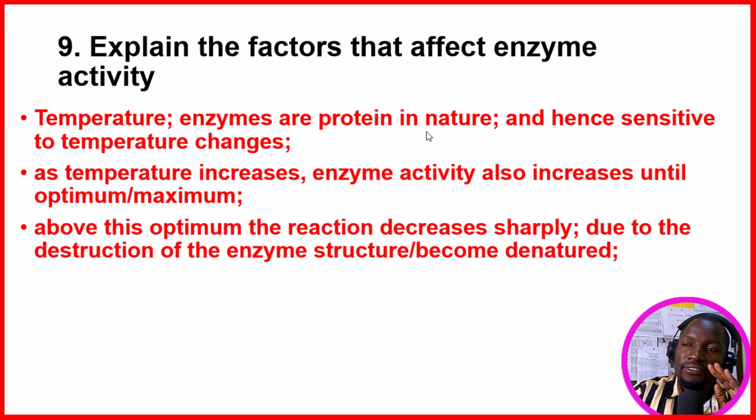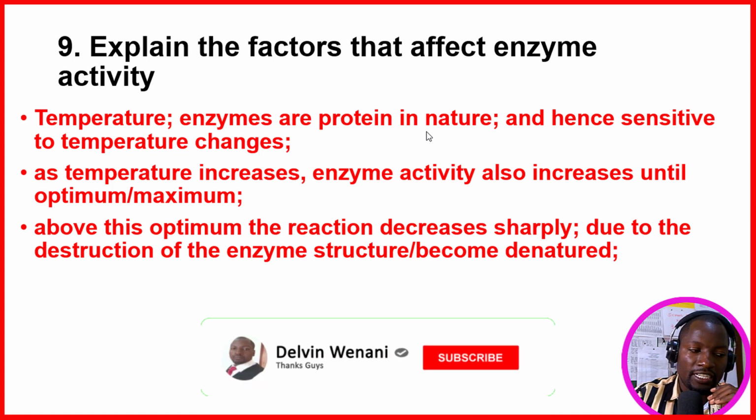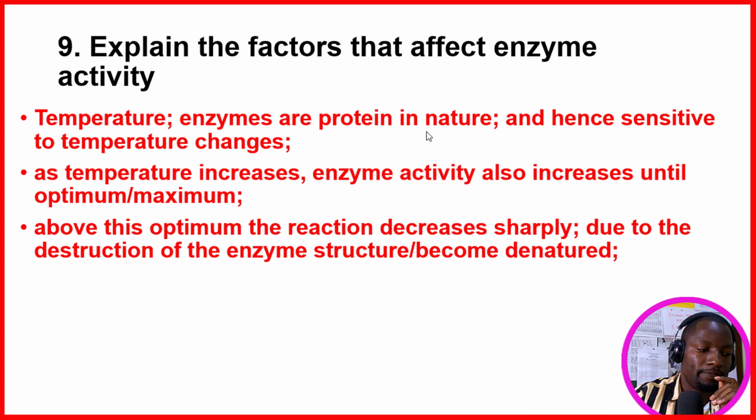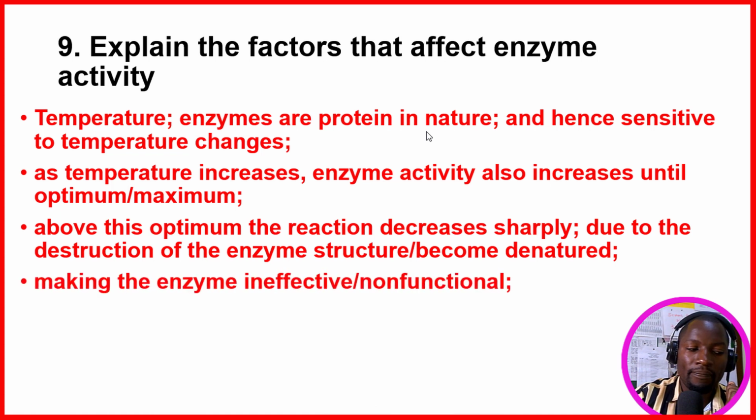Above the maximum, the reaction decreases sharply. And this is due to the destruction of the enzyme structure, which becomes denatured. And this will make the enzyme ineffective or non-functional.